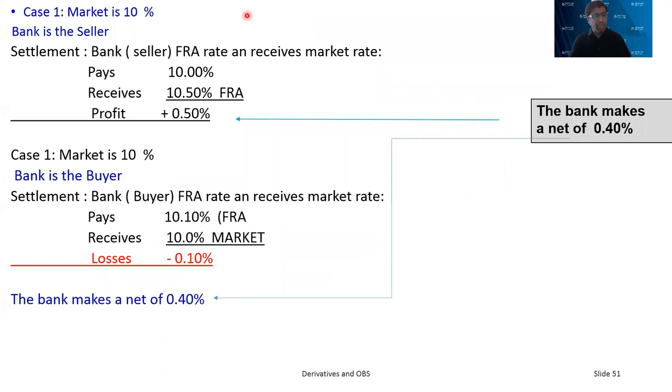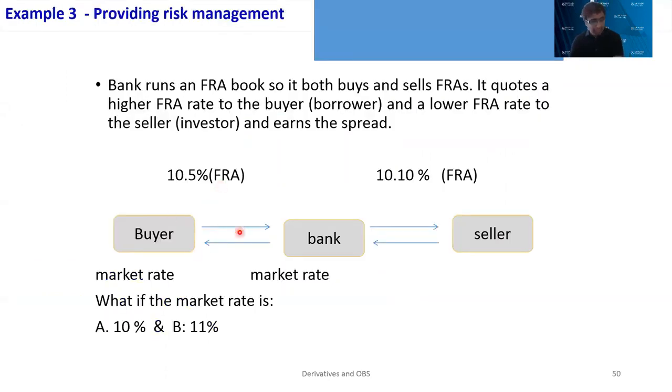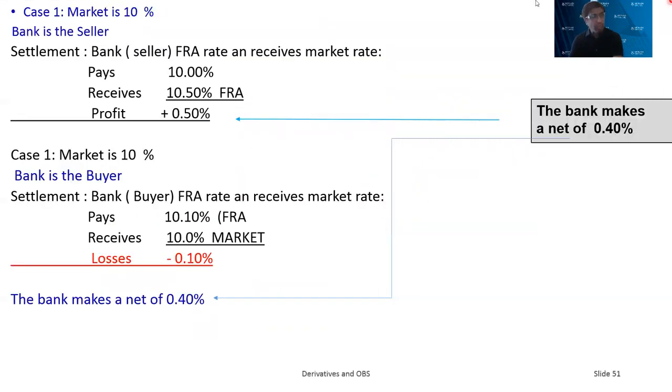If it is 10% now, he will have to settle here, right? So if the interest rate is 10% and the FRA is 10.5 here, of course the buyer will pay him 50 basis points. And for these guys, the bank has to pay this guy 10 basis points. So he will pay 10% and receive 10.5. So he made 50 basis points here out of the total contract.